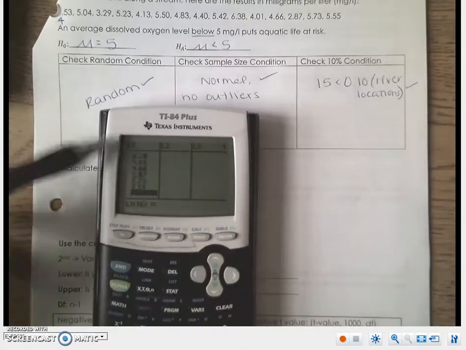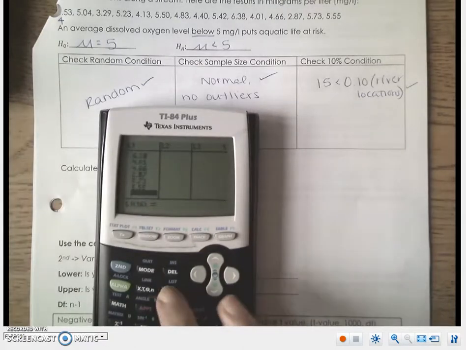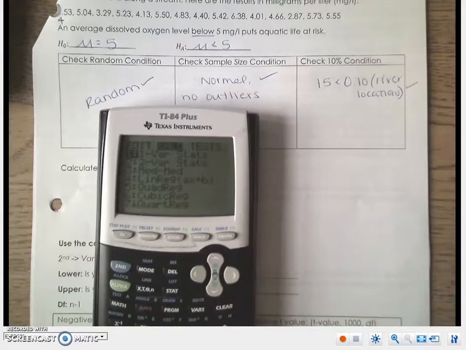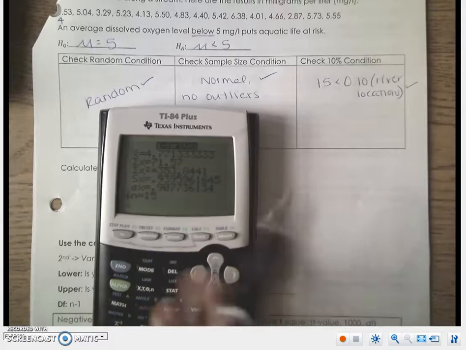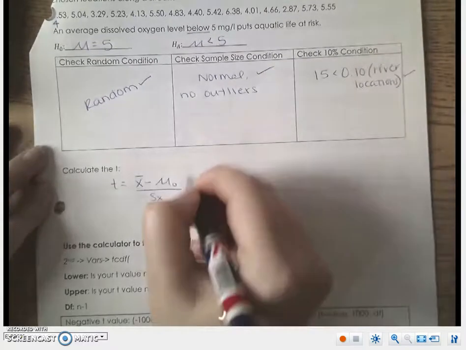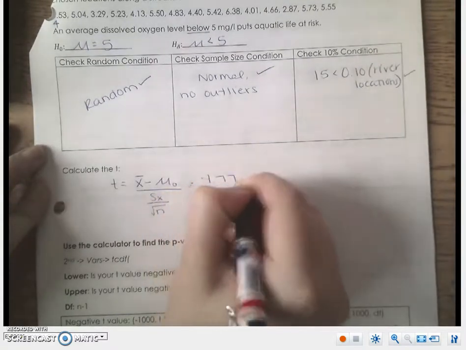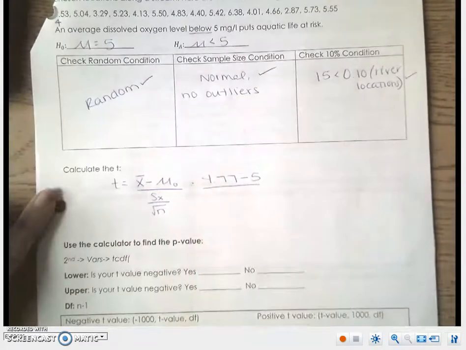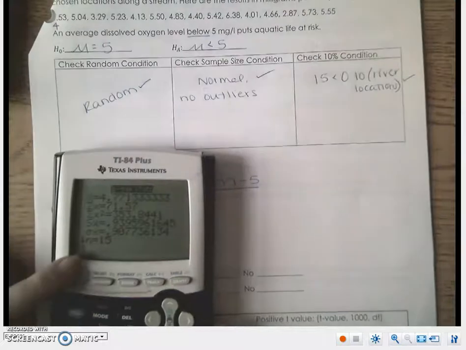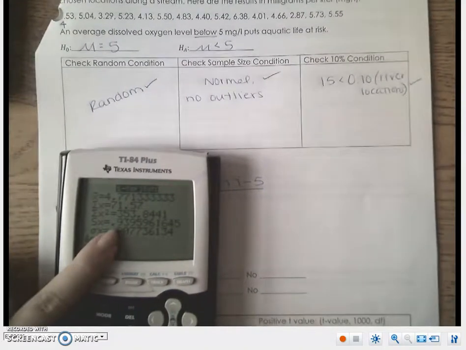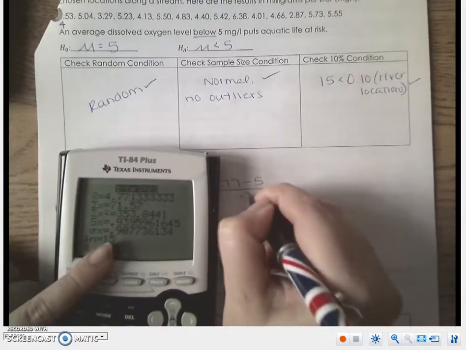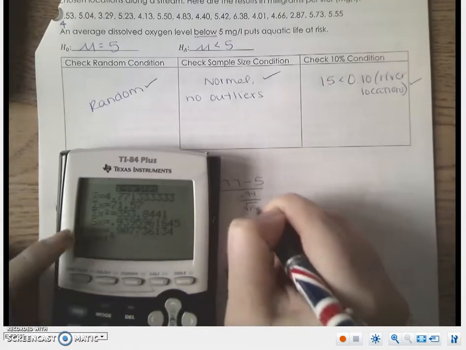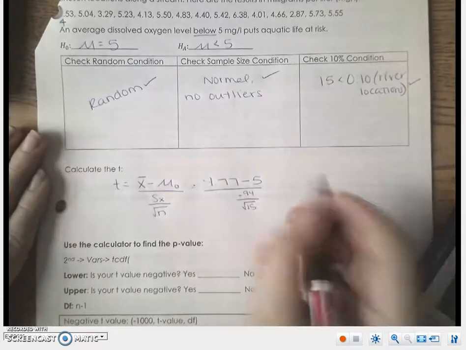Okay, so I just entered all of my numbers into the calculator. Then to do the calculations, I do stat, over to calculate, one variable statistics, and my x bar is 4.77. So I have 4.77 minus 5 over the standard deviation of x, which is 0.939, so we'll just say 0.94, over the square root of our sample size, which is 15.